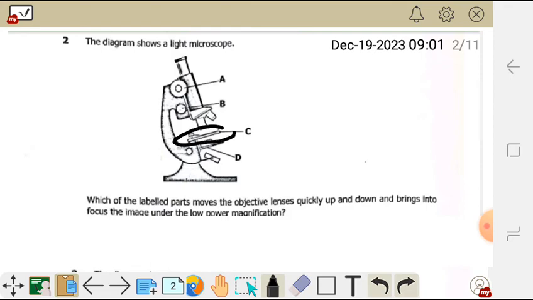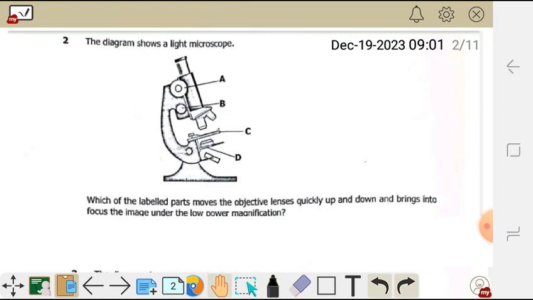And C, that's the stage where you put your slide, where you put your specimen. And then D allows light from the mirror, which is reflected by the mirror. Okay, so the correct answer here is A. A is going to move the objective lenses very quickly. Correct answer for question 2 is A.